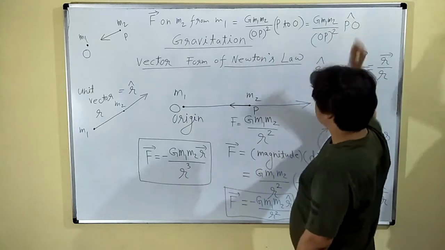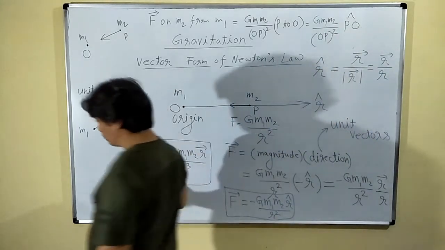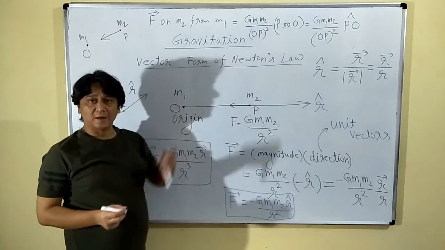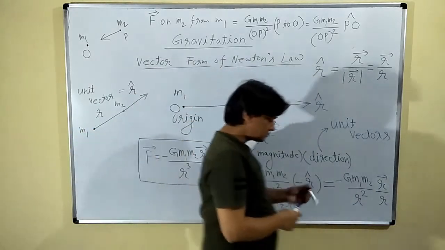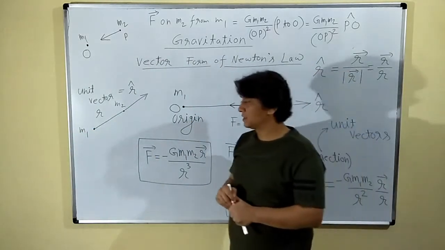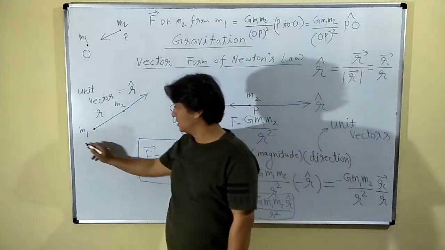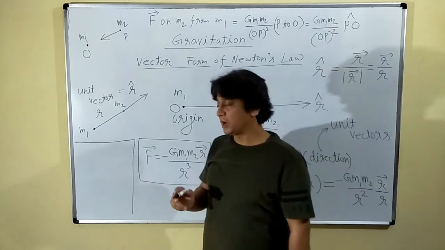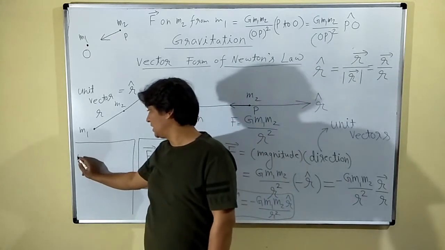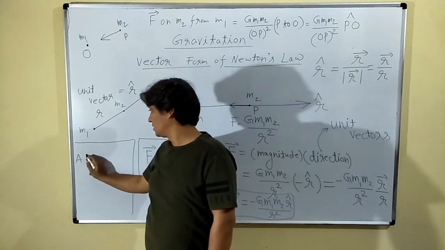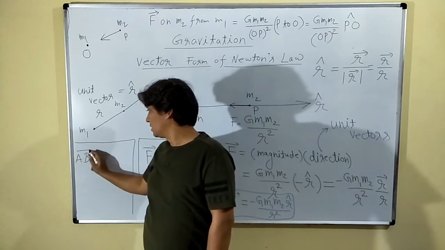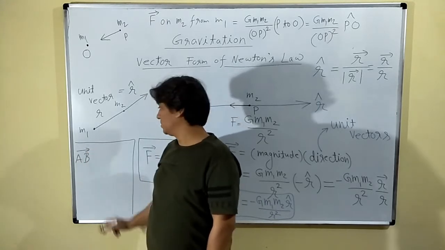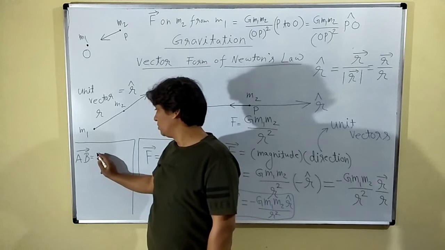Now, how do you find the value of PO cap? For this, what things have we learned in vectors? Suppose somebody gives us a vector AB. Then I hope you remember AB is what?